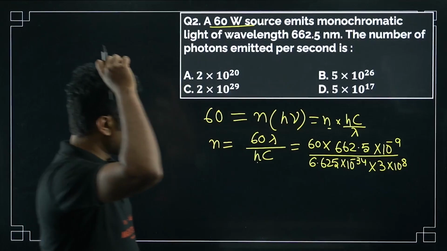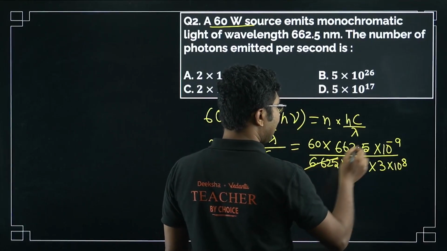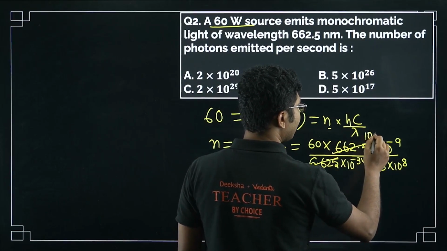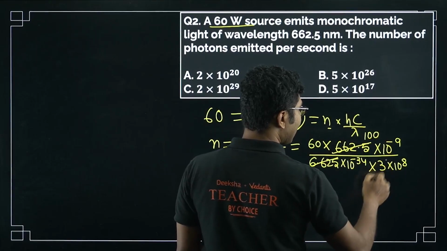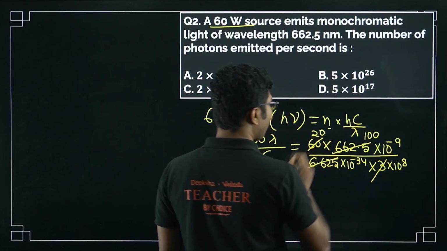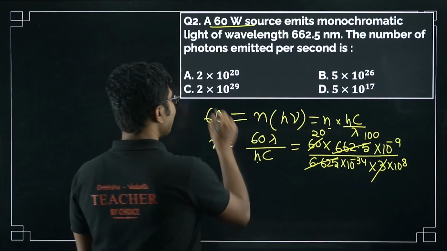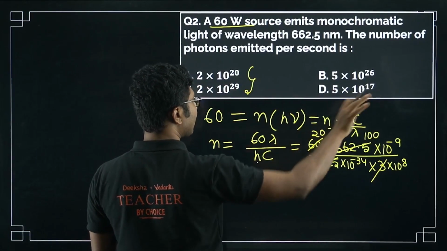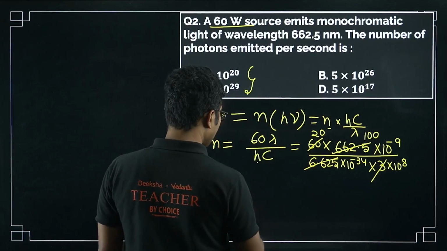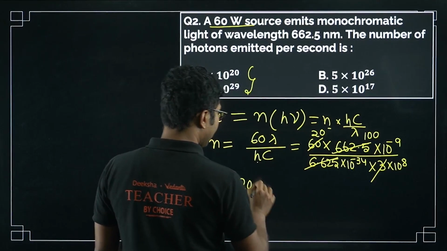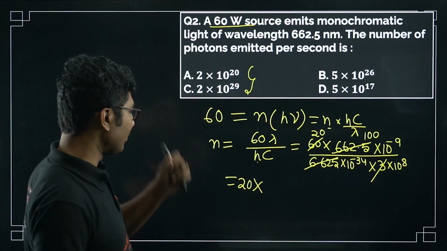Now this will be cancelled and here you get 100. Values are given such that most of them cancel. The only thing you need to calculate is the power of 10. You can guess either A or C is the answer because no 5 is coming over here. So 20 into, let's see what the power of 10 is.